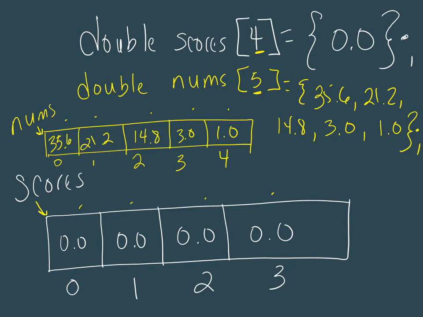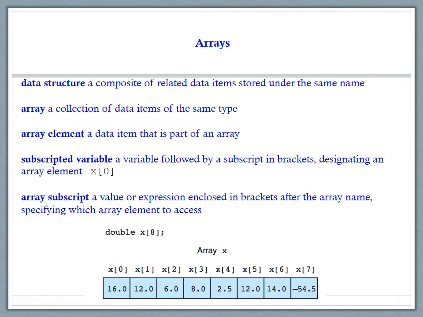All right, so let's look at a neat slide now, which is typed up, and talk a little bit more about arrays. With arrays, an array is a data structure. That just means that it stores data all under one name. So the name of this is called X. All the data has to be homogeneous, or in other words, the same type of data.